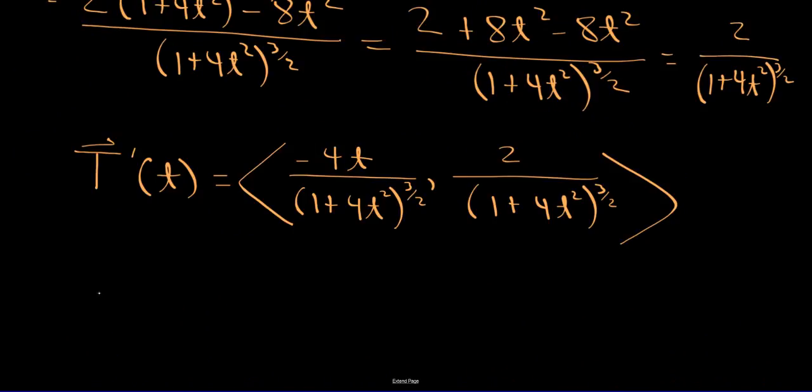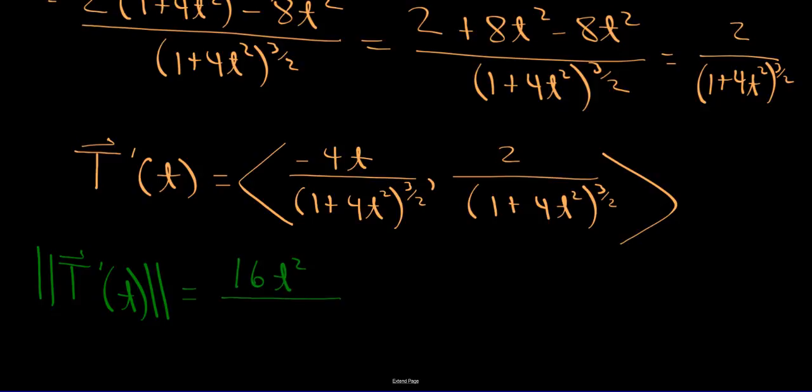Okay, now what I want to do is get the magnitude. So here we go. It's going to be 16t squared over 1 plus 4t squared to the 3rd.